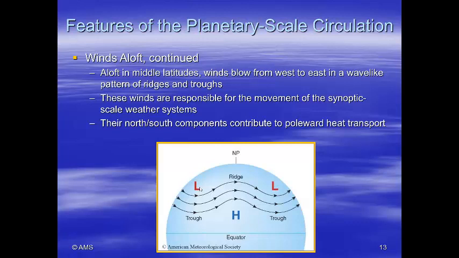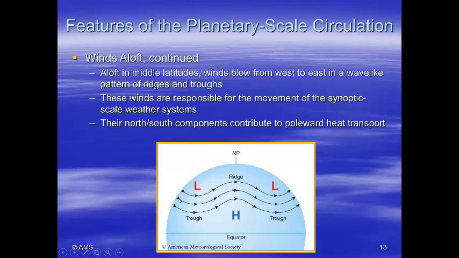If we look aloft in the middle latitudes, we see that the winds blow from west to east in wave-like patterns of ridges and troughs. Once again, in the northern hemisphere the winds blow counterclockwise around lows and clockwise around highs.